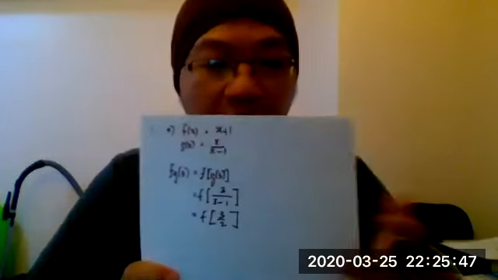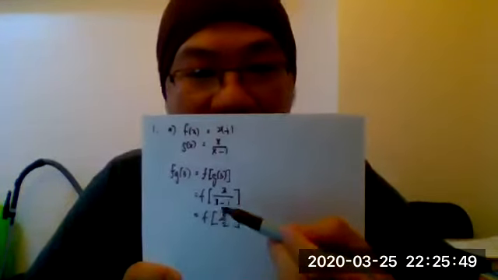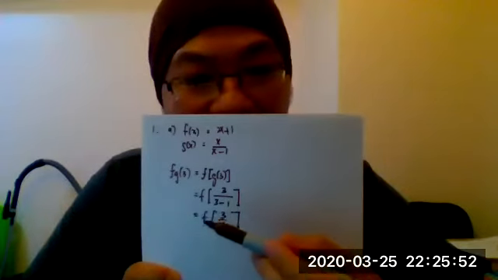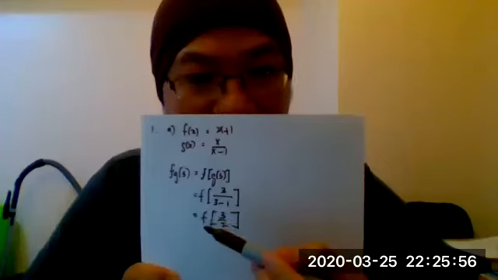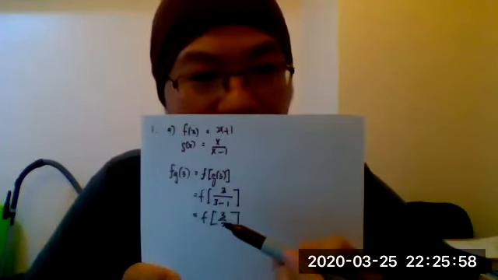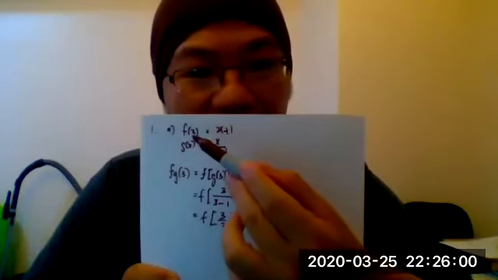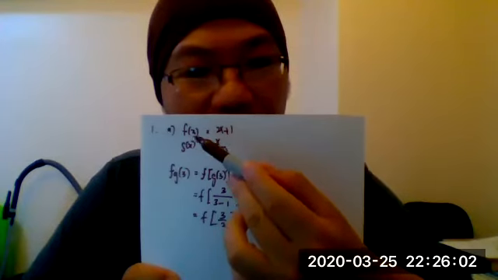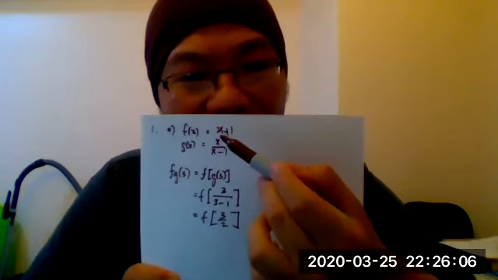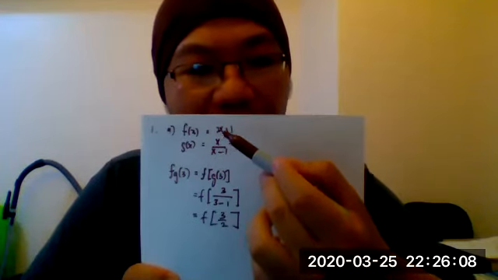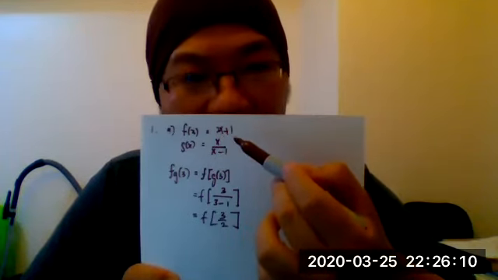Okay, 3 over 2. Now there is f of 3 over 2, which means 3 over 2 is the object of f. So look at your function f of x. Your x becomes 3 over 2, so it becomes 2 times the bracket of 3 over 2 plus 1.